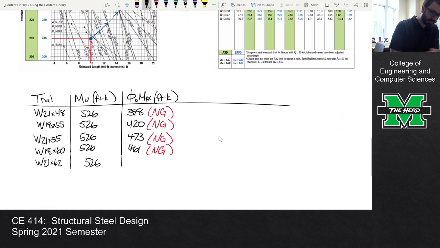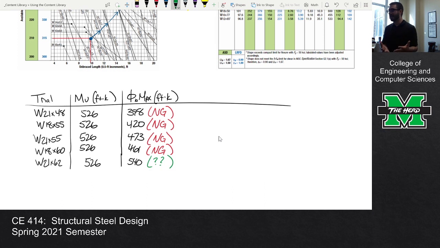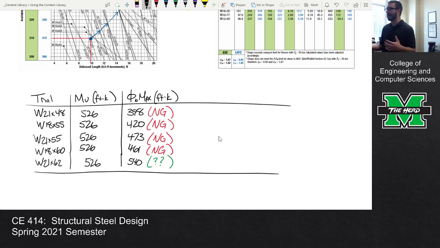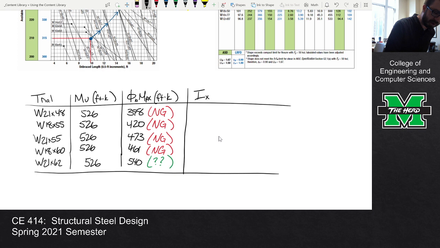So now we've got something going on here. We don't know whether or not it's okay. We have to go through and do the math and check it, but now it's worth looking at. Before I waste all the time doing the math, though, I am going to do one more thing. I'm going to check the Ix required against the actual Ix.